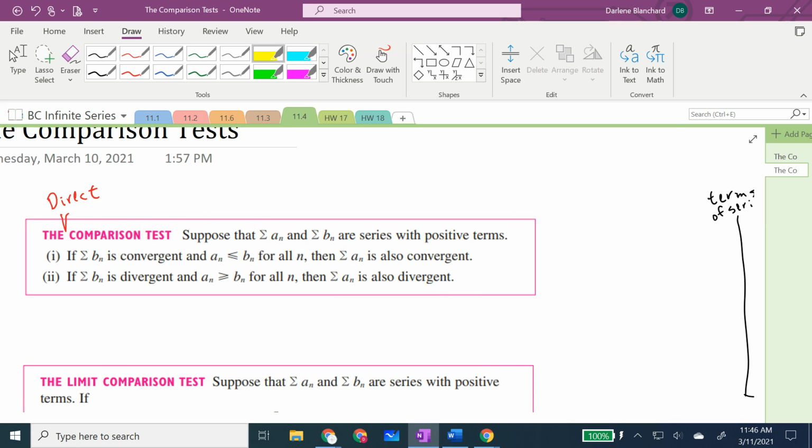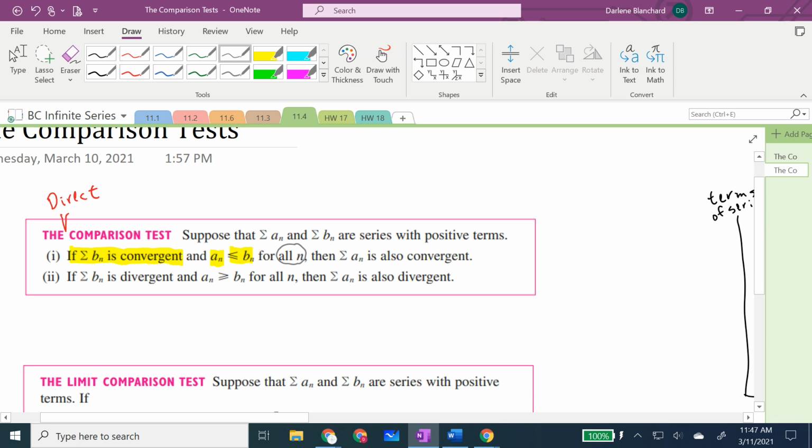I would say that. So if what you're comparing it to is convergent and your terms are less than or equal to their terms. And I want to say that it's not necessarily for all n, but for all n starting at some n.